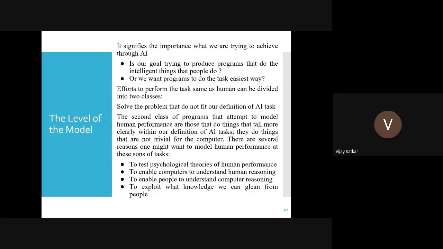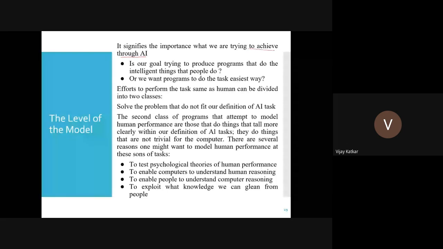Now, the most important thing is the level of model. What do you mean by level of model? A level of model indicates how good a model you want. It signifies the importance of what we are trying to achieve through AI. That is the most important thing. What we are actually trying to achieve through AI.